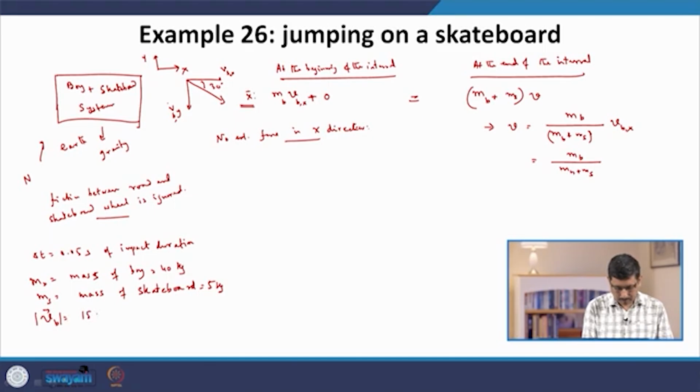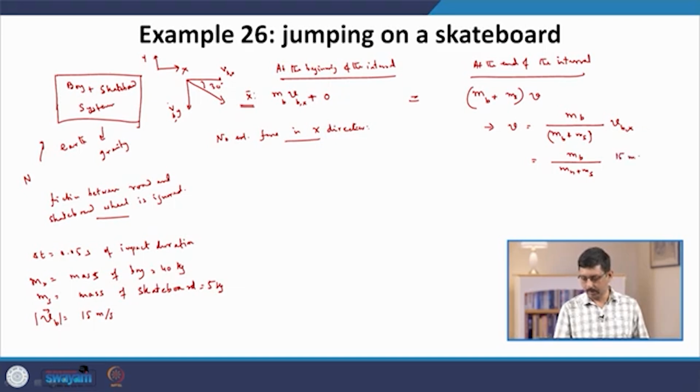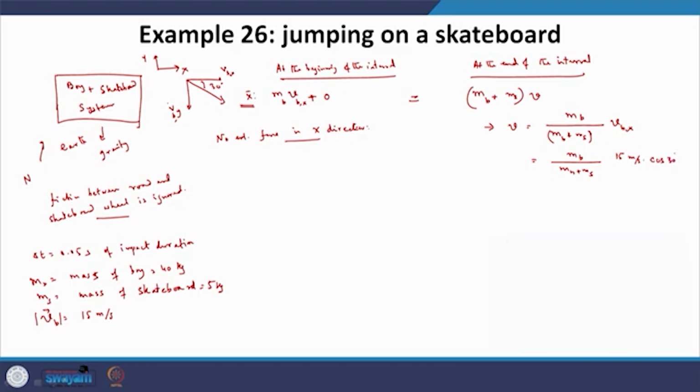The speed was 15 meter per second, so the x component is 15 meter per second into cos 30 degree, which is 5 root 3 by 2 meter per second. So, V is given by this particular expression.